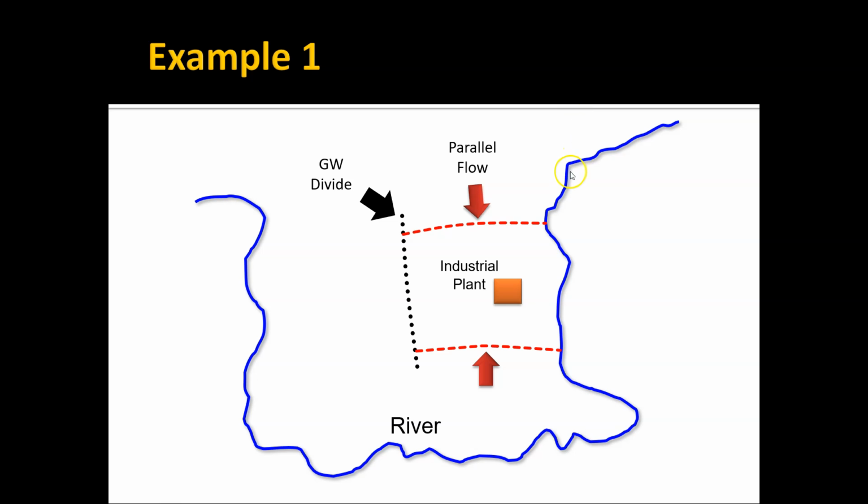Another option would be to just extend your model boundaries out to the river all the way around, and then somewhere in here there could be a parallel flow boundary as water goes. Let me see if I can annotate this a little bit. You could have water flowing in this direction, so that could be a parallel flow boundary, and then water flowing in this direction.